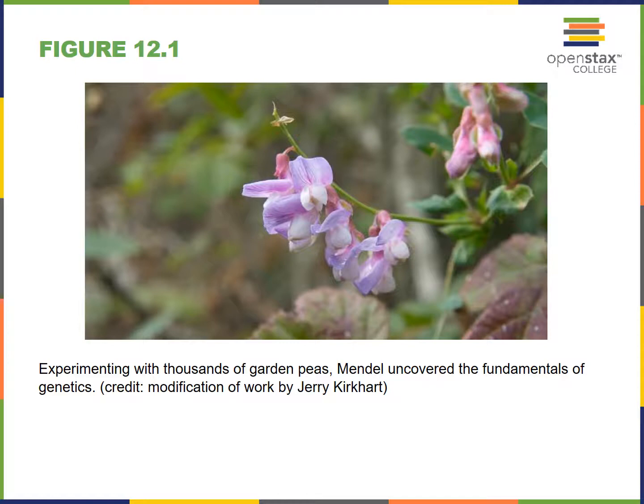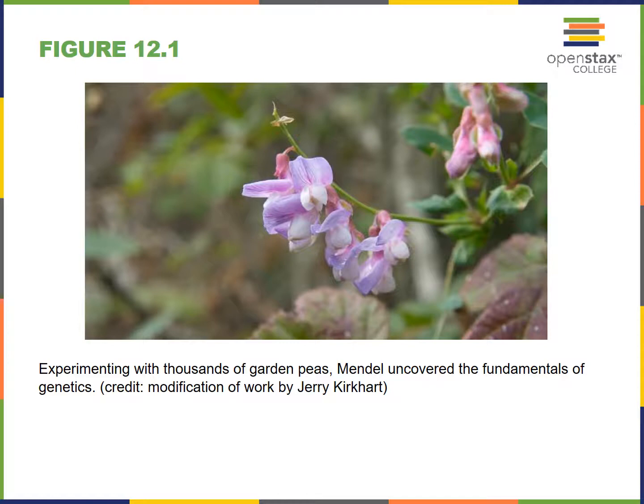The reason he picked garden peas, they can self-fertilize. They have male parts and female parts, so they can self-fertilize. When they self-fertilize, they become true breeding. They're basically so inbred that their genotypes are all homozygous.